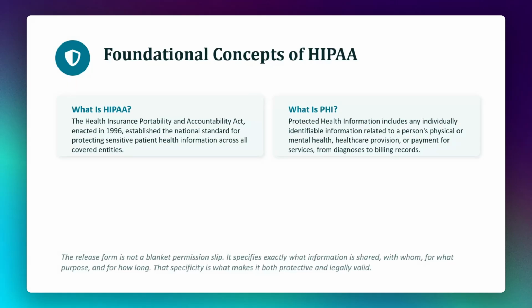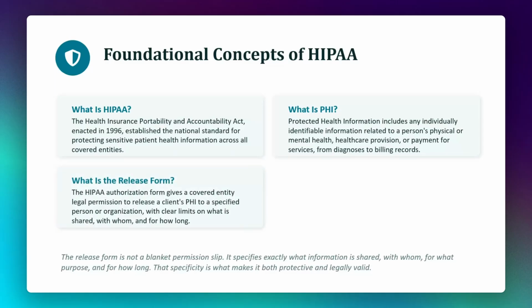PHI is any individually identifiable information connected to a person's physical or mental health, their health care, or their payment for healthcare services. That covers a lot of ground, including diagnosis, therapy notes, billing records, medical lists, and anything else that could identify a person and link them to a health-related record.